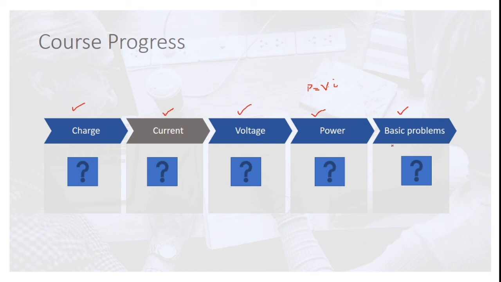This is just a very basic topic of circuit analysis: we saw about charge, what is current, what is voltage, and what is power and the difference between energy and power. And we have just seen small basic problems based on those.